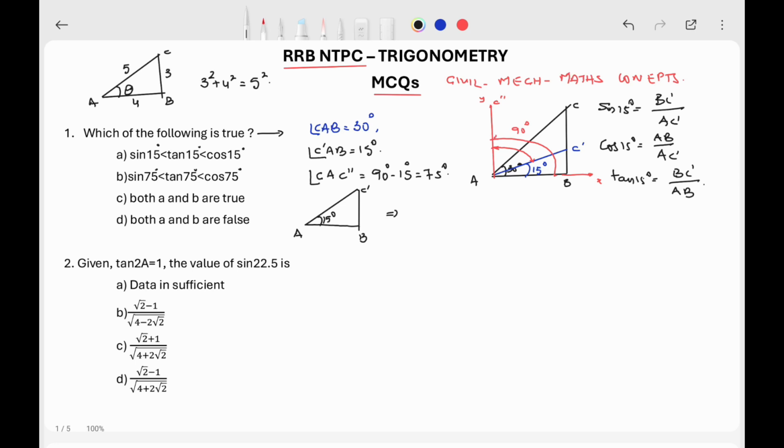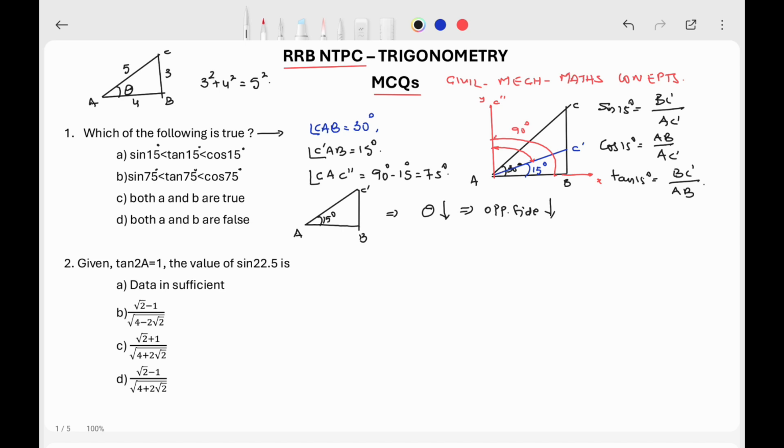Now you tell me, when the angle is less, when theta reduces, the opposite side is reduced. For 30 degrees it is CB. For 15 degrees it is BC dash. BC dash is lesser than BC. As the angle reduces, the value of the opposite side reduces.